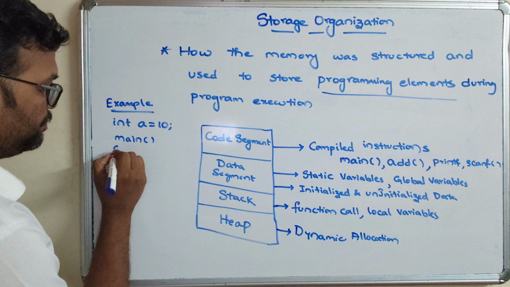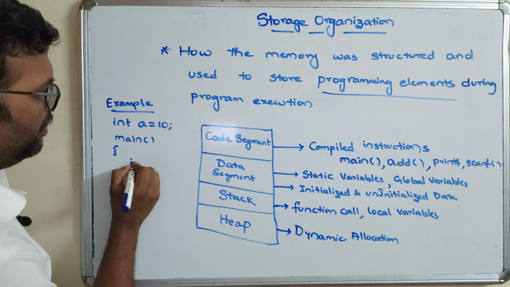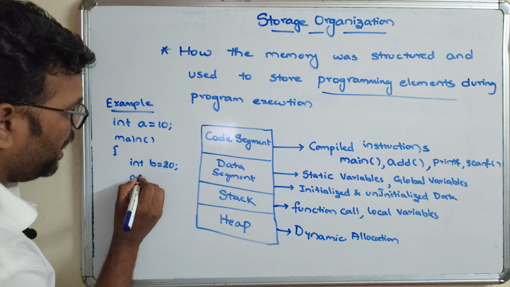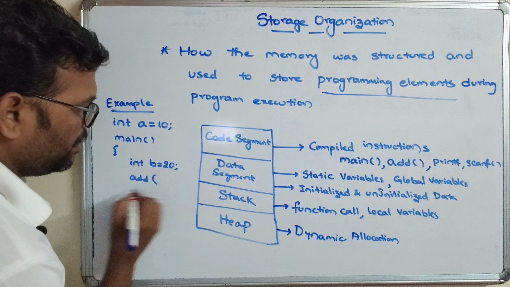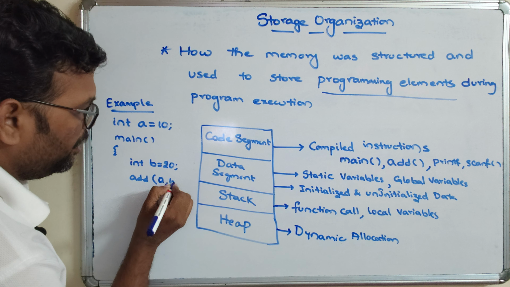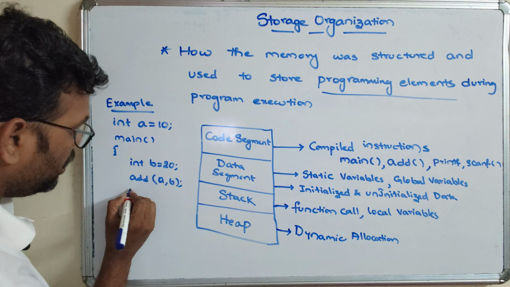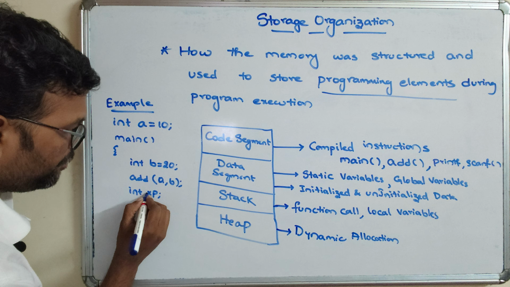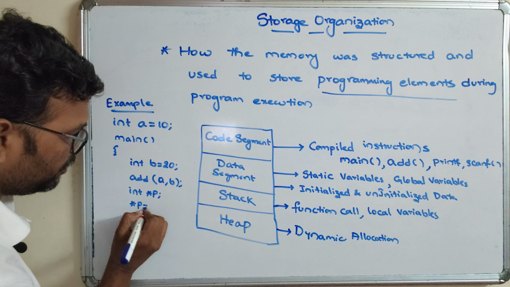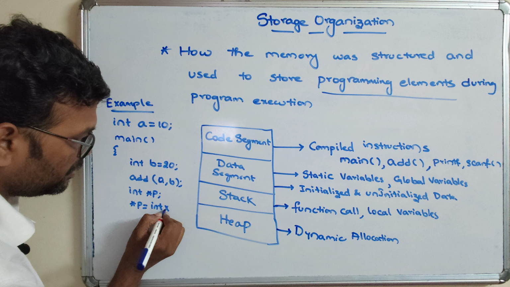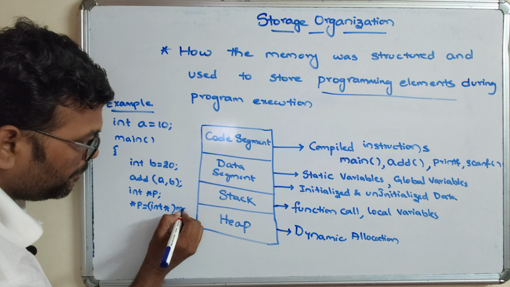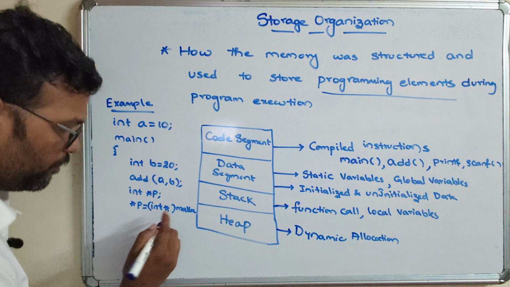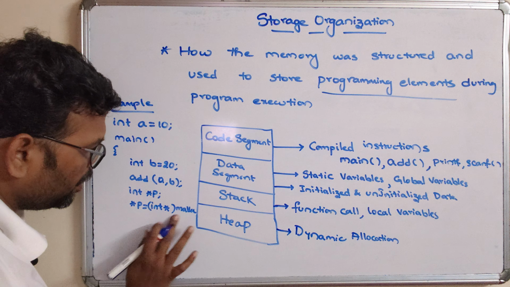Inside it, int b is equal to 20, and add(a, b), and int *p is equal to (int *) malloc function. I'm not writing the full syntax, just the malloc function.